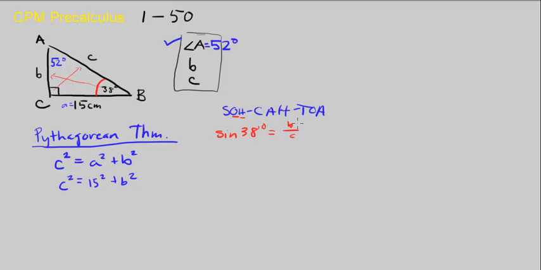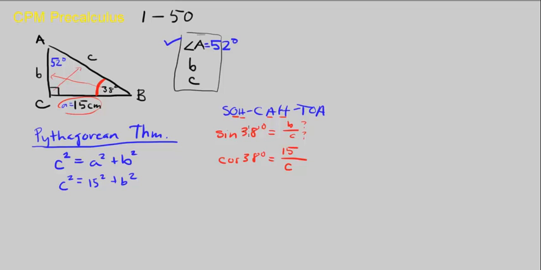That doesn't really help because I still have two unknowns, right? What about cosine of 38 degrees? Cosine is adjacent over hypotenuse. Looking at our reference angle, the side adjacent to it is this side here. So that's 15 divided by c, which is our hypotenuse. Now we can use this to solve for c.